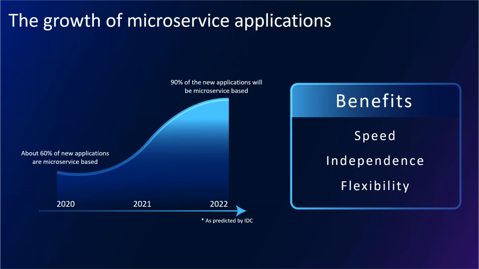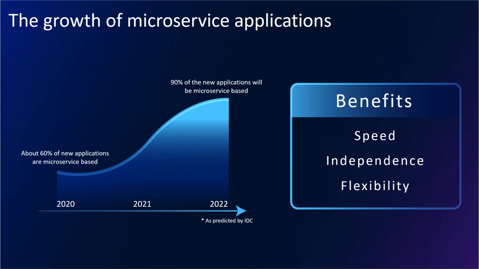There is interaction happening between multiple services, and you can scale those individual microservices. So that's the trend, right? That's how a new application is built today, and 60% of new applications are being built that way. In the next couple of years, that number is going to be 90%. So pretty much every new application will be microservice based.